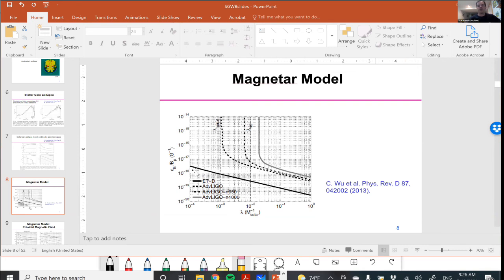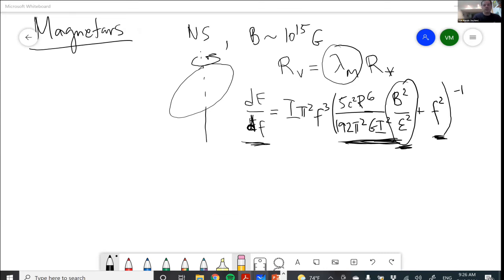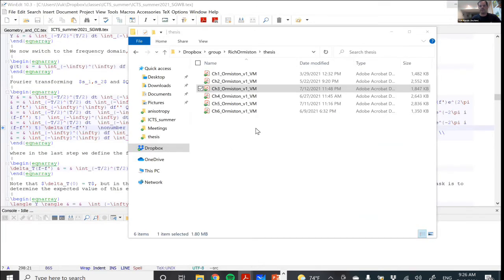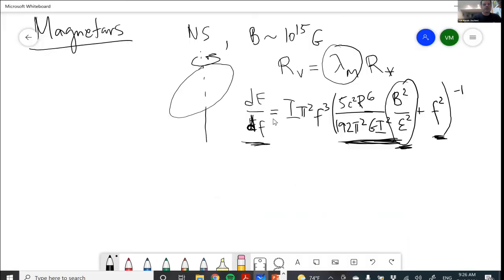Now, the maybe more interesting thing is that depending on what kind of magnetar model you have, there could be a relationship between epsilon and the magnetic field. So in particular, if we have what is called a poloidal magnetar, so the magnetic field is poloidal rather than toroidal, or there is also a twisted torus model and so on.